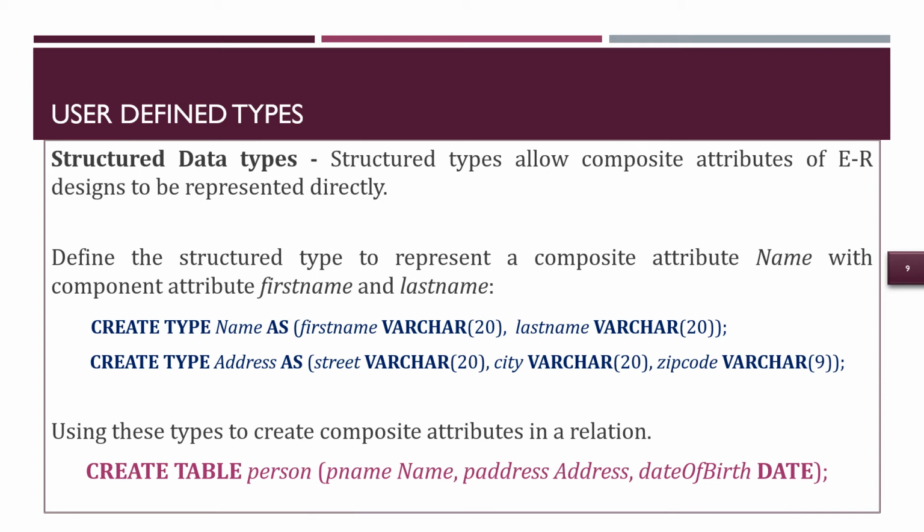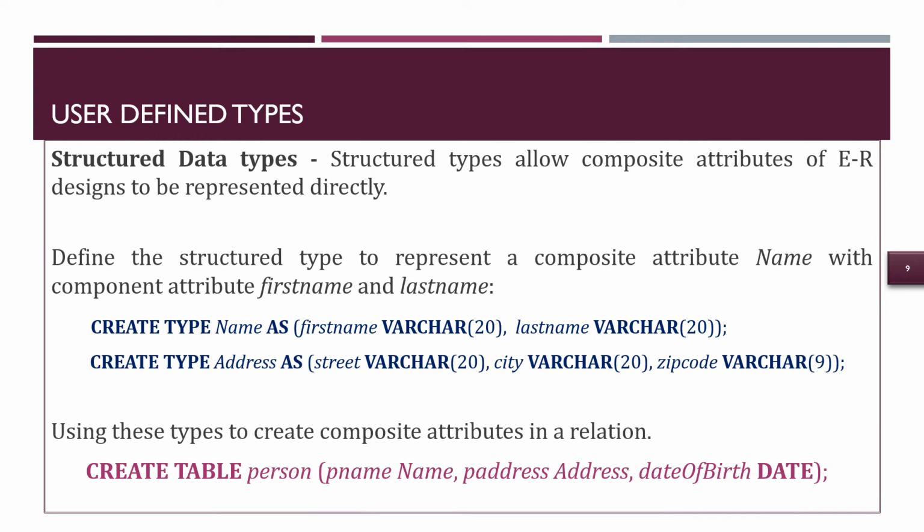Similarly, we can define another composite attribute address with three component attributes street, city and zip code. Using these two composite attributes, name and address, we can create a table person. In the create table person command, the data type of p name is given as name, which is a structured data type consisting of two component attributes first name and last name.